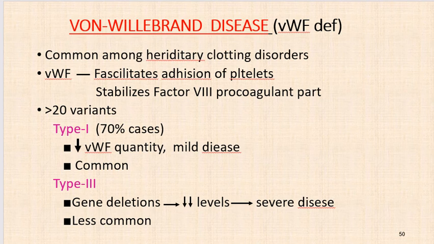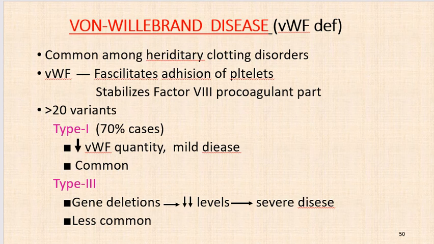In the complex, 99% of this complex is formed by the von Willebrand factor. By stabilizing factor 8 procoagulant part, von Willebrand factor is important in normal functioning of the platelets.